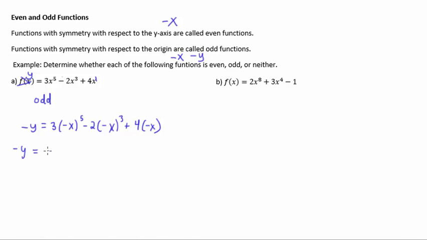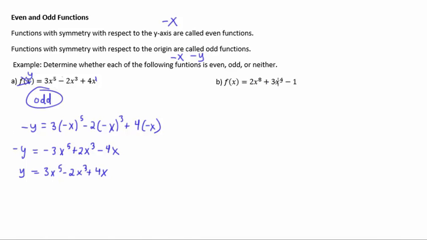So negative y equals negative 3x to the fifth, positive 2x to the third, minus 4x. So all of our signs have changed on the right. And to get rid of the negative that's in front of y, we would change them all back, giving us our original function. So see, it really is odd.